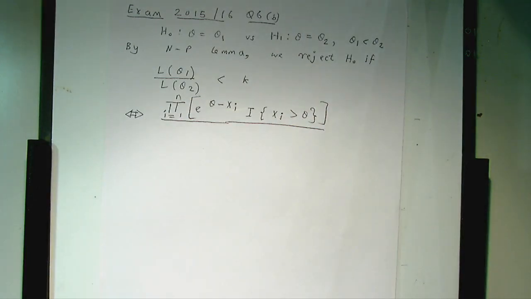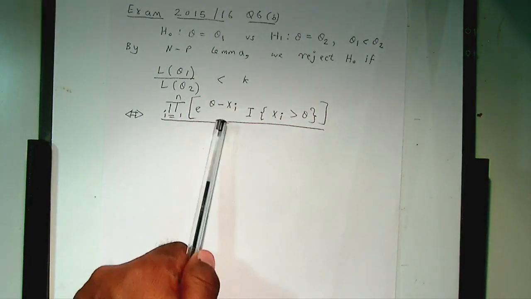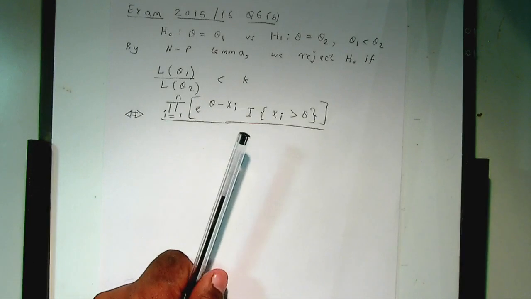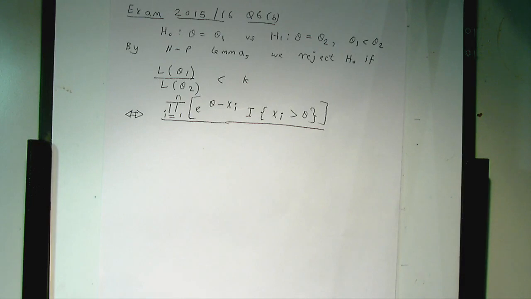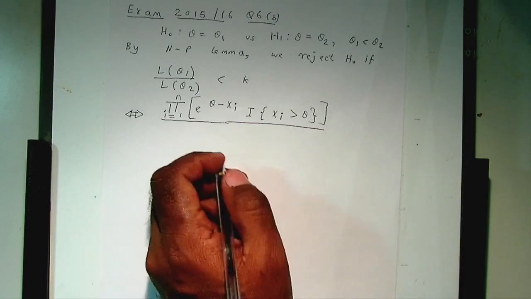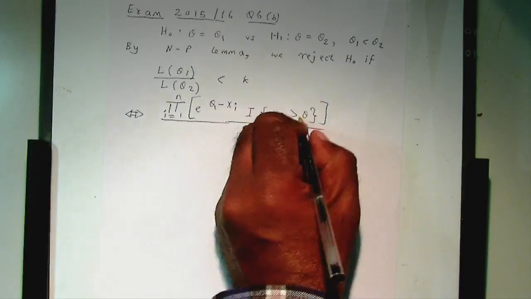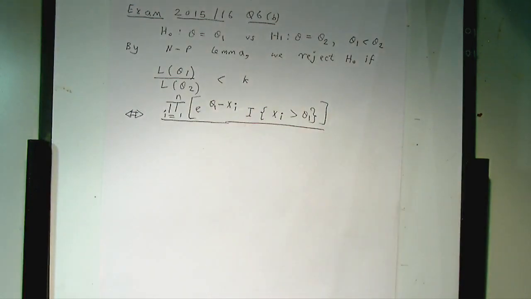The density is E of theta minus xi multiplied by the indicator function that every xi must be greater than theta 1.